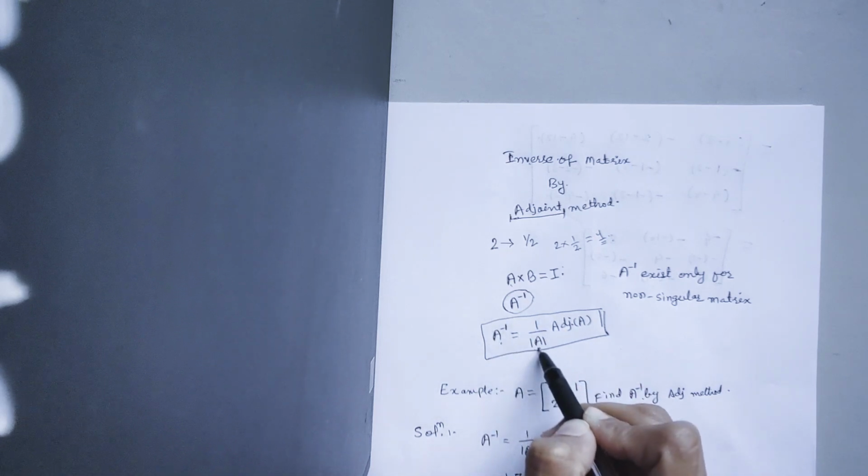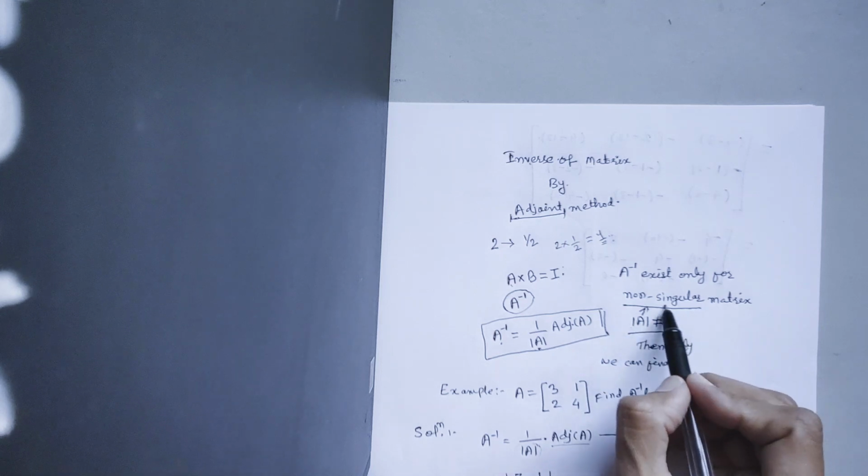We had seen in the lecture where I explained about the determinant and transpose of a matrix. Non-singular matrix means if you find determinant of A and that is not equal to 0, then such a matrix is called a non-singular matrix. If this condition is satisfied, then only we can find A inverse.